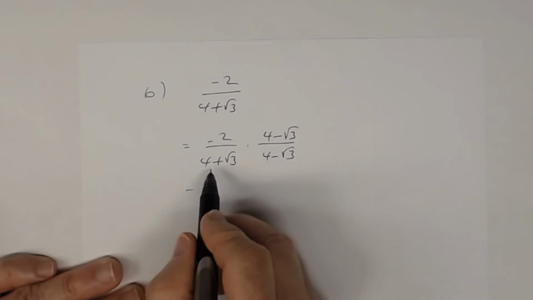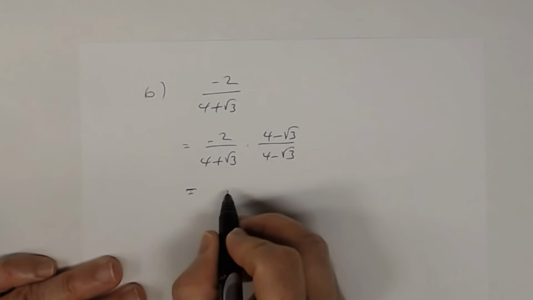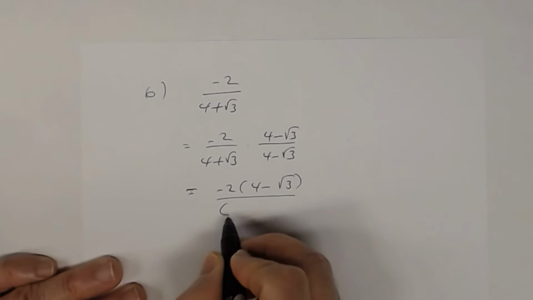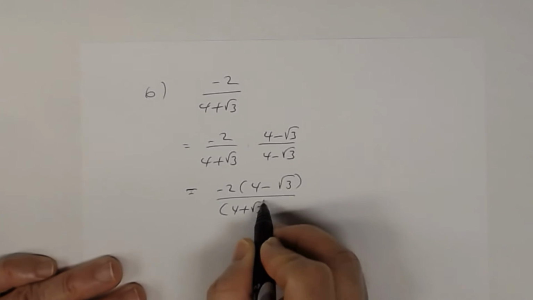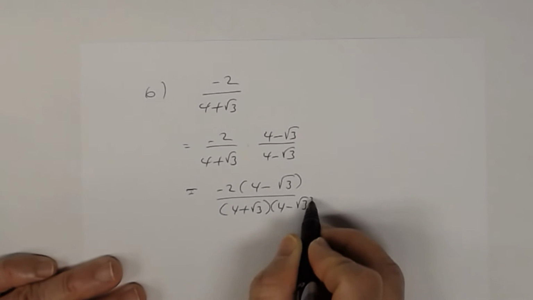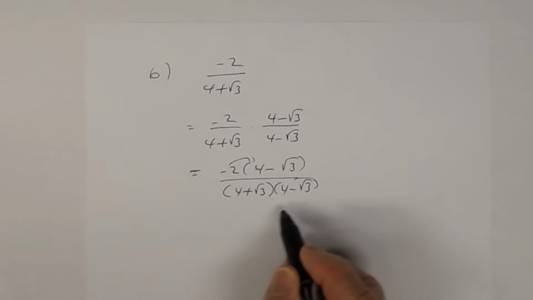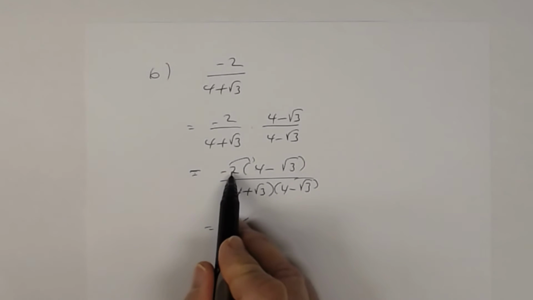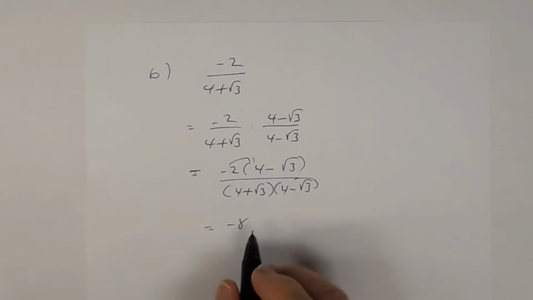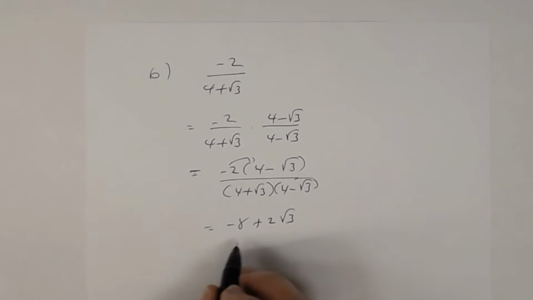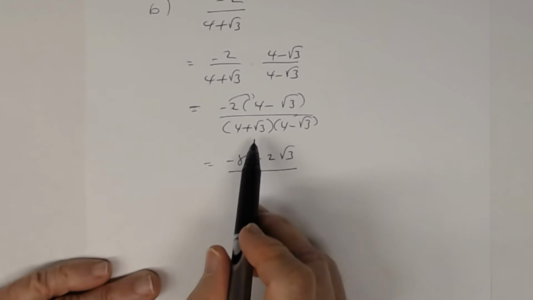And so we're going to multiply the numerators and denominators. And so I get negative 2 times 4 minus the square root of 3. And the denominator, you have 4 plus the square root of 3 times 4 minus the square root of 3. Okay? All right, so let's distribute. Negative 2 times 4 is a negative 8. A negative 2 times a negative square root of 3 is a positive 2 square root of 3. Okay? All right. Denominator.